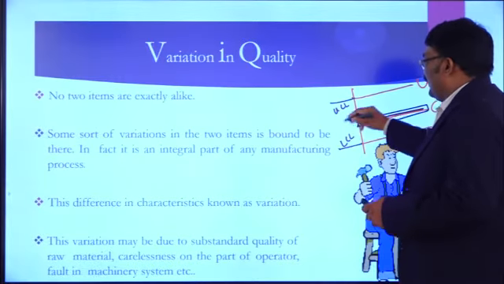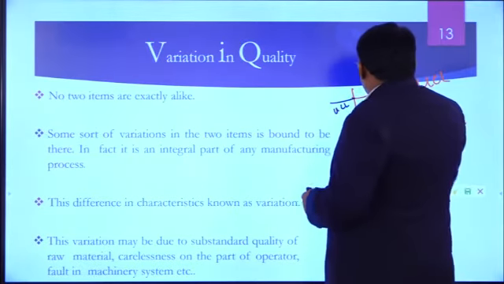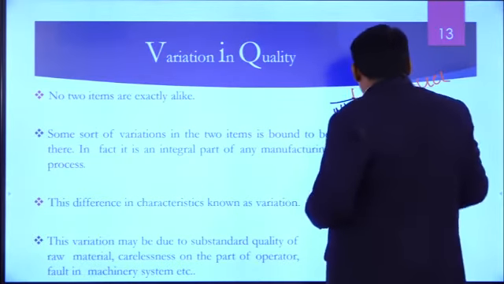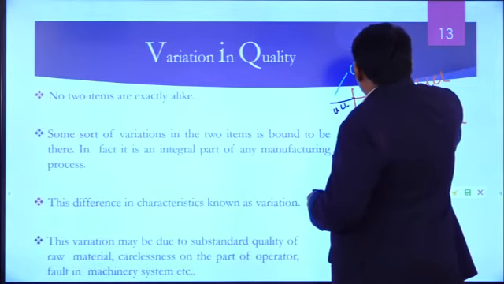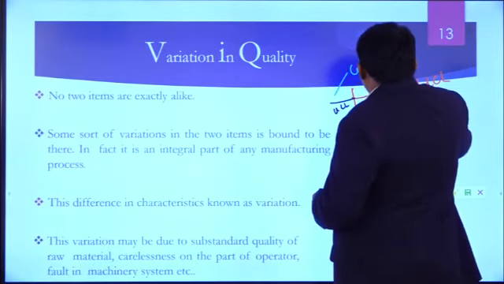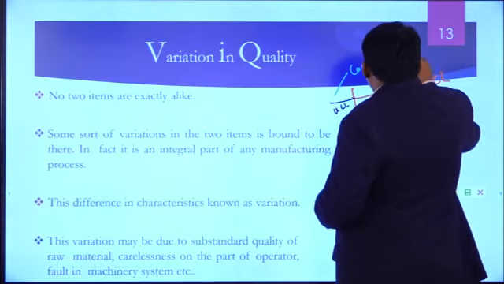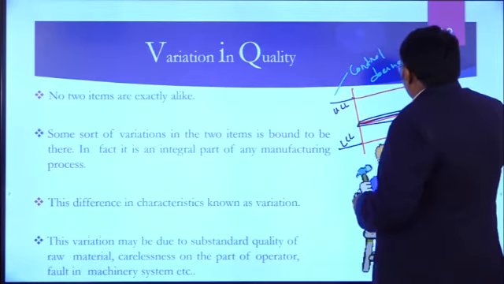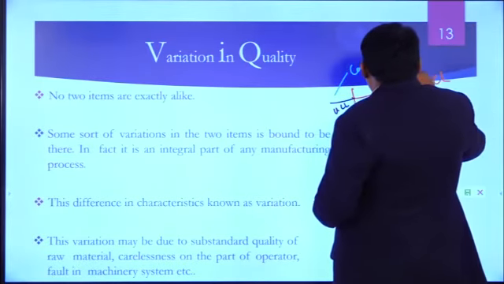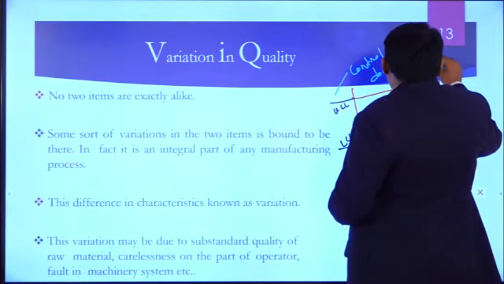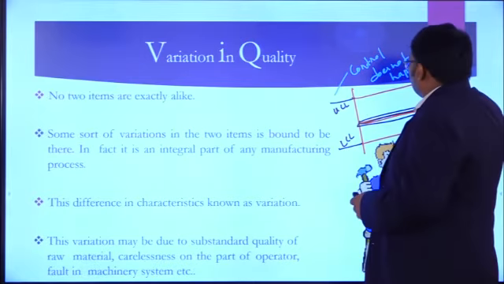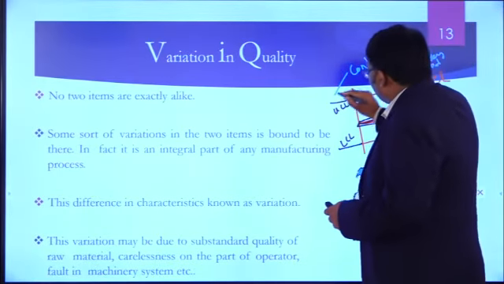Beyond this, the control is being deviated. Control does not exist, control does not happen. That means it is deviating beyond this.